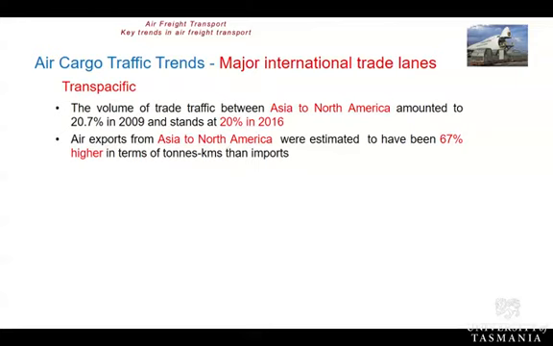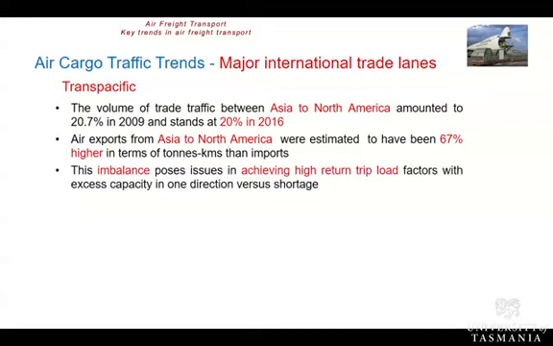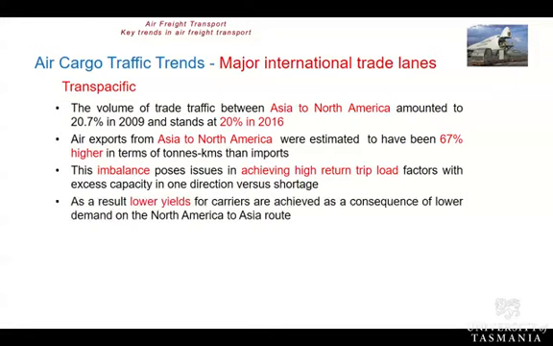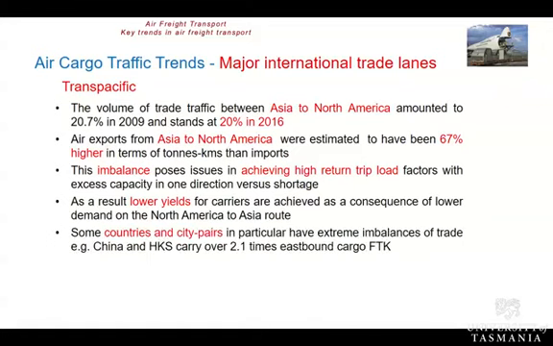I guess the challenge with having an imbalance is it makes it hard for carriers to get good yields and high trip returns, particularly when you've got an excess in one direction and a shortage in the other. And of course, the main reason driving this is that the demand in North America to Asia is not the same as Asia to North America.